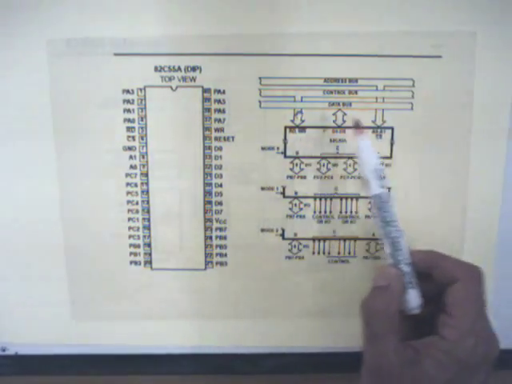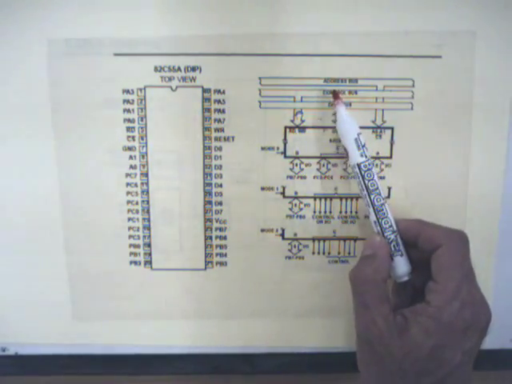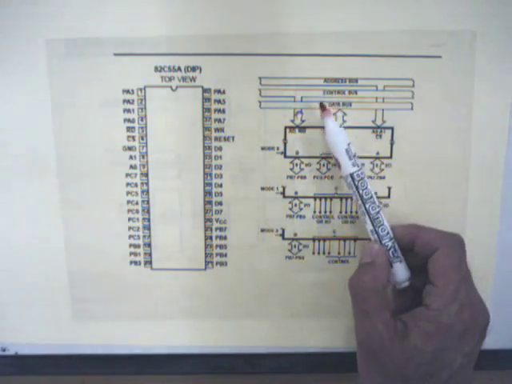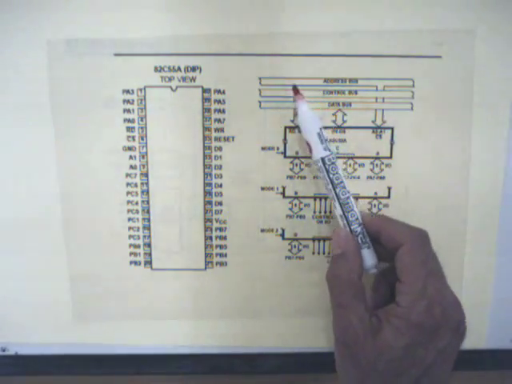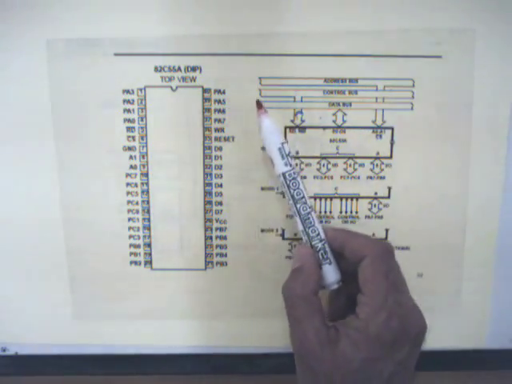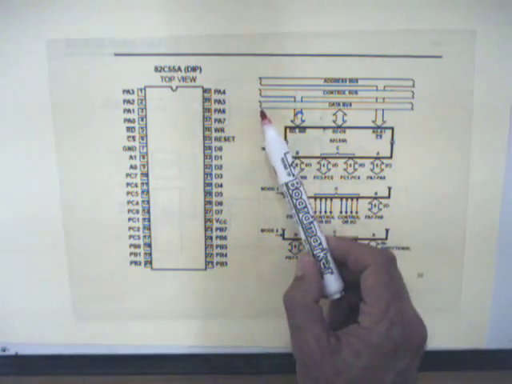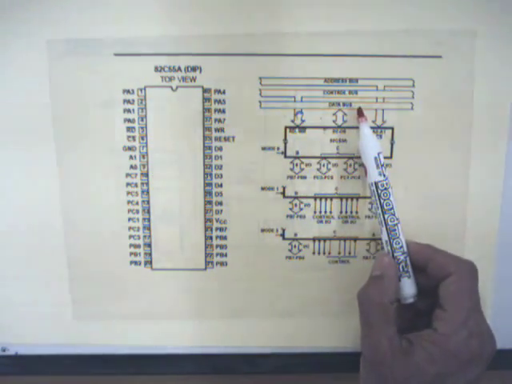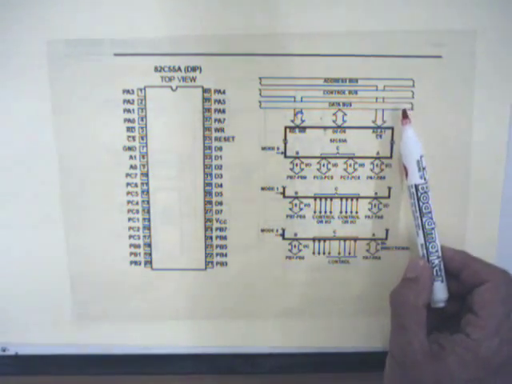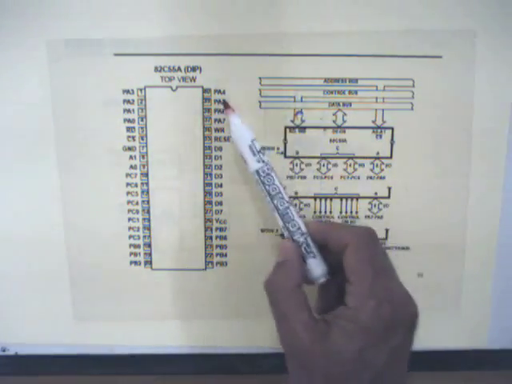of the port A. This integrated circuit is connected to all 3 bus lines of the microprocessor circuitry. The first group of the bus lines is address bus. The second group of bus lines is control bus, and the third group of microprocessor circuitry is data bus.